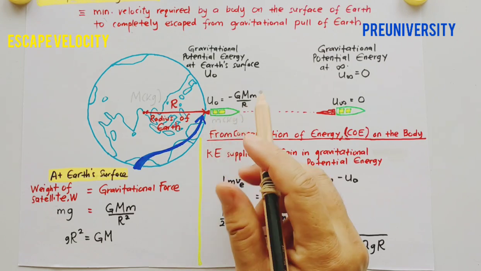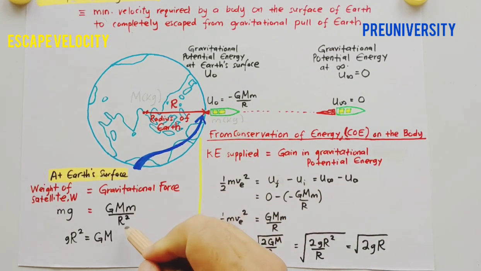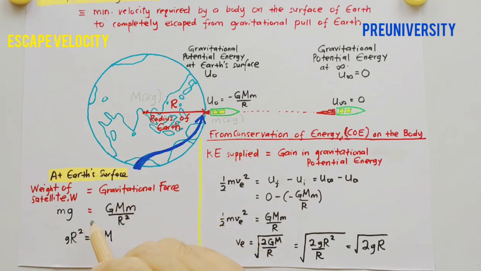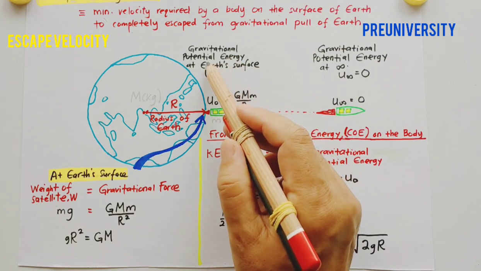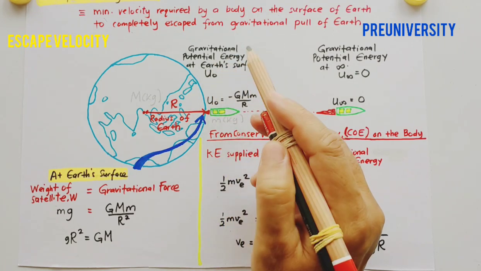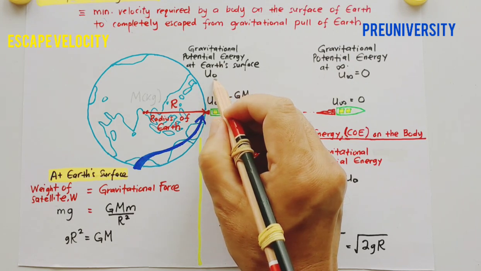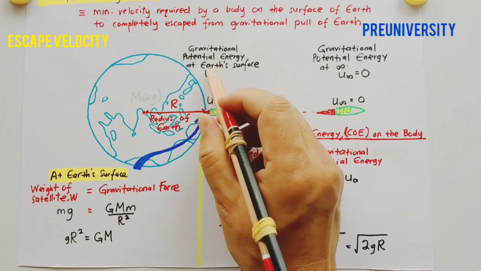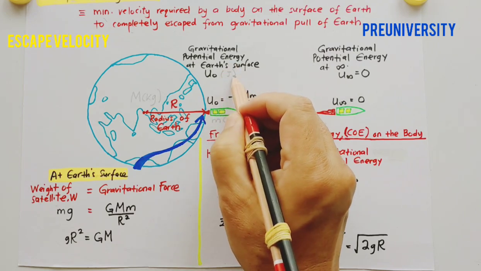Okay, so before we continue, we knew that the gravitational potential energy at the Earth's surface we take as U naught. Because it is gravitational potential energy, the unit is joule.